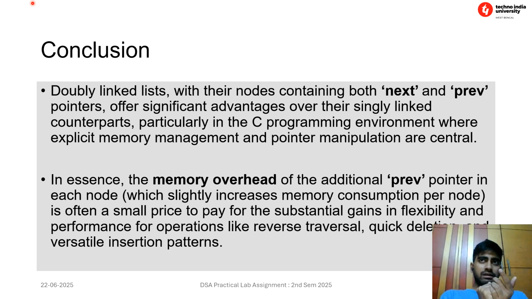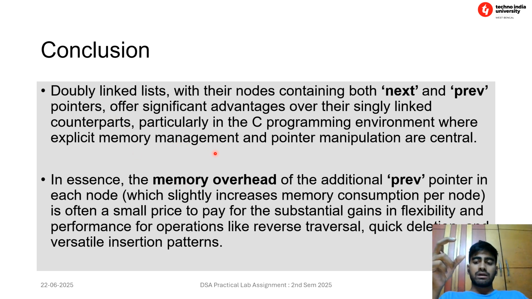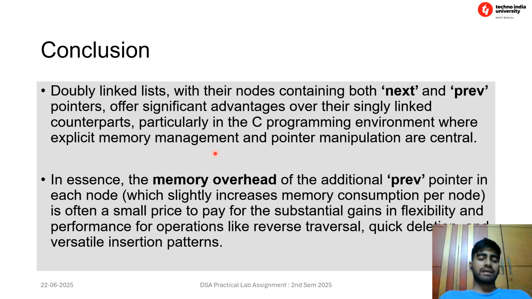The main drawback of a doubly linked list is that we need a slight memory overhead, as I've pointed out over here. We need slight memory overhead in each node to store the previous pointer. In a singly linked list, in one node we only had two elements: the data, int type or string type or any different type of data, and the next pointer.